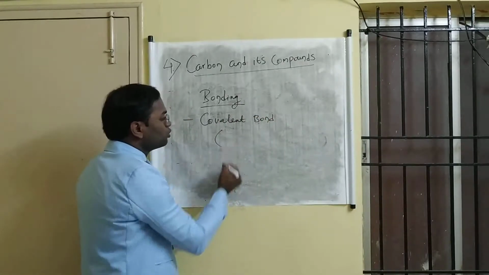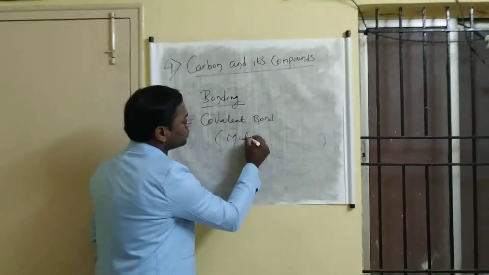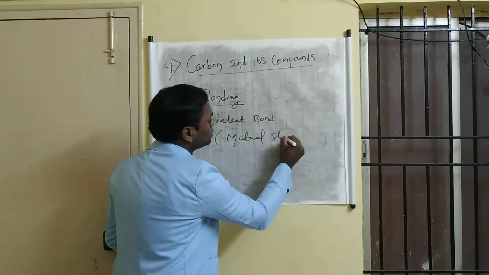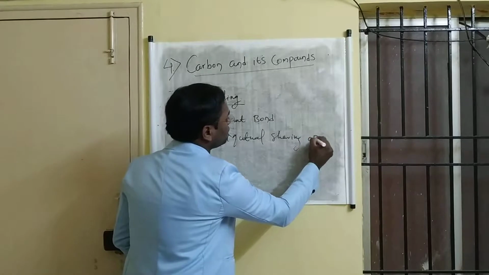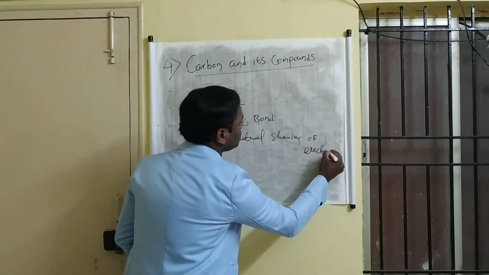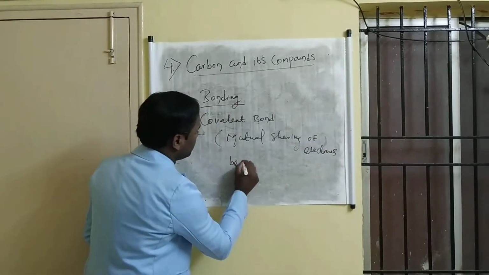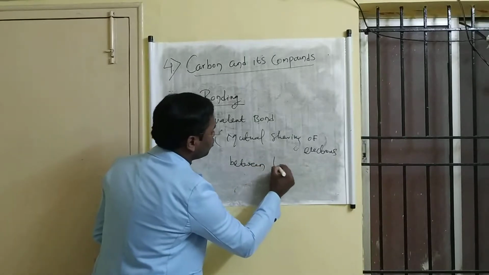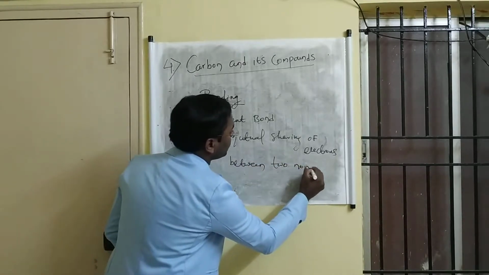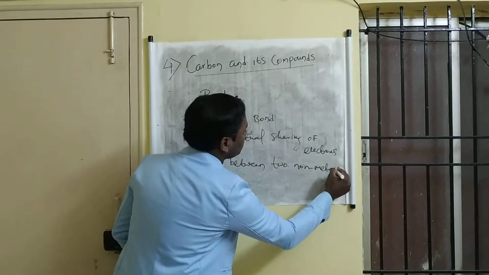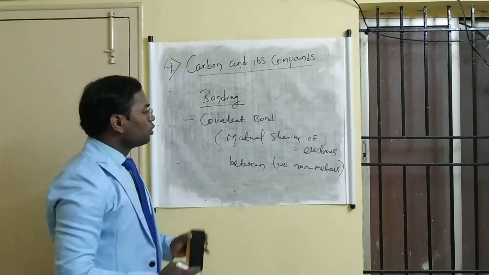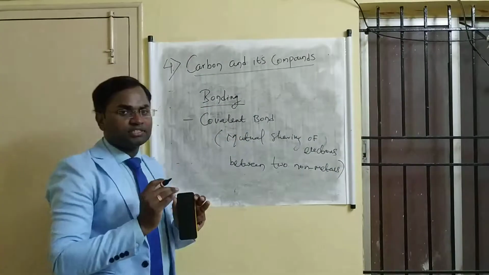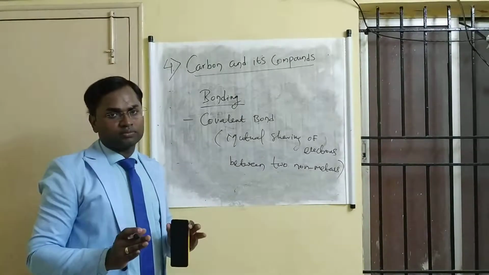It is formed due to mutual sharing of electrons between two non-metals, I can say. So covalent bond always exists in carbon and its compounds.